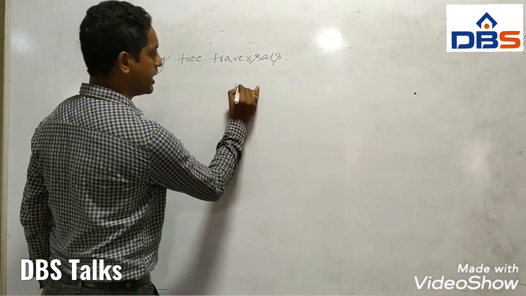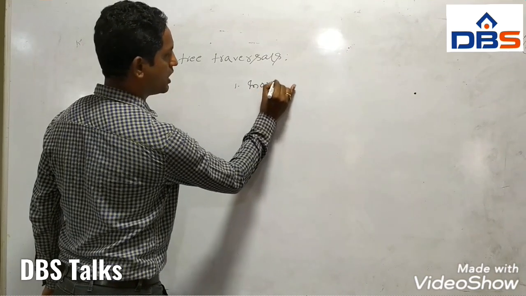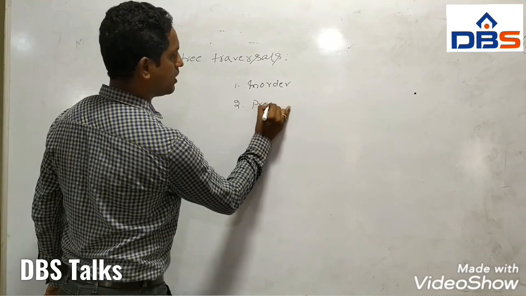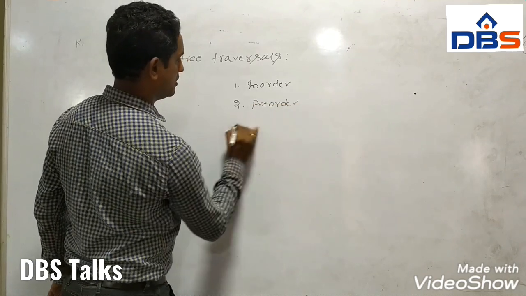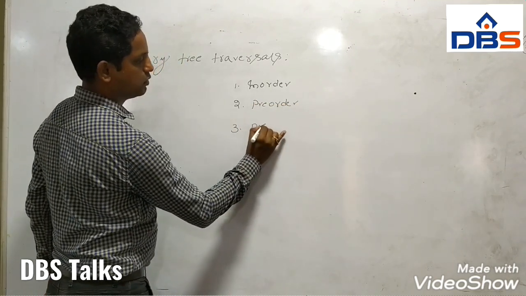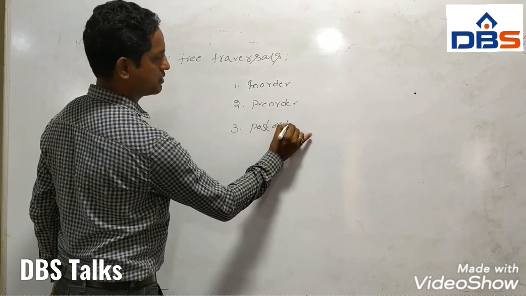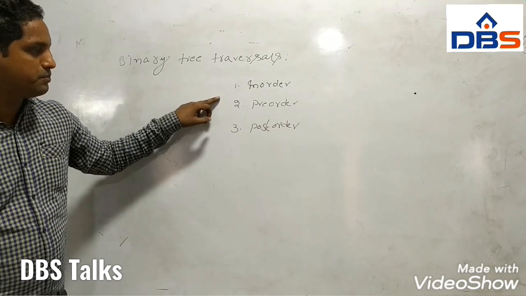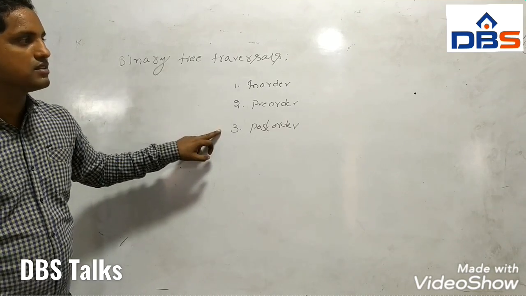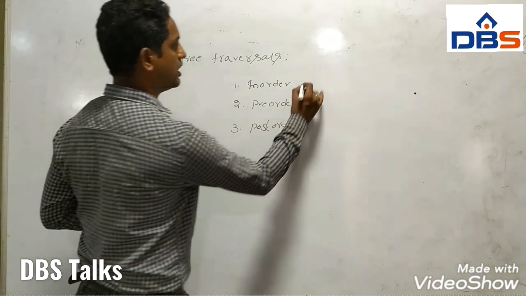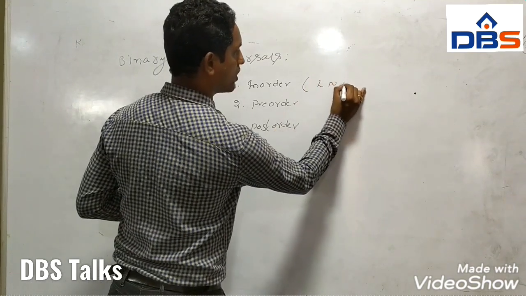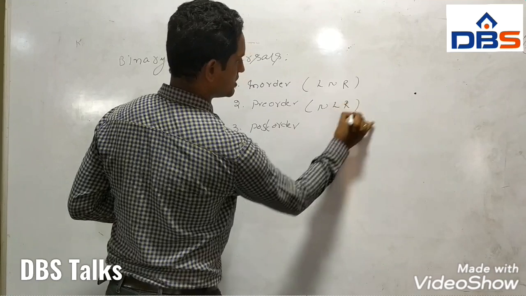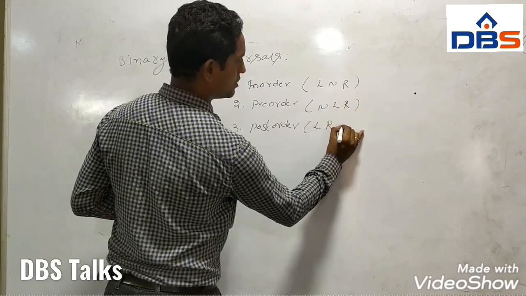First one is in-order, second one is pre-order, and third one is post-order. They are also called left node right, node left right, and left right node.